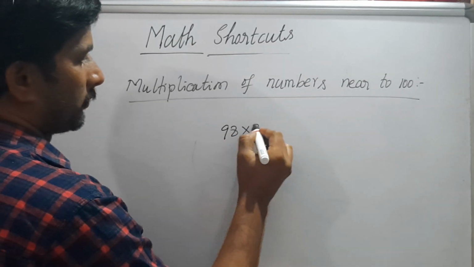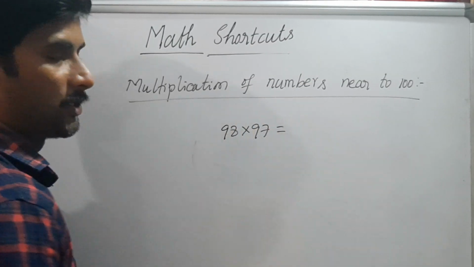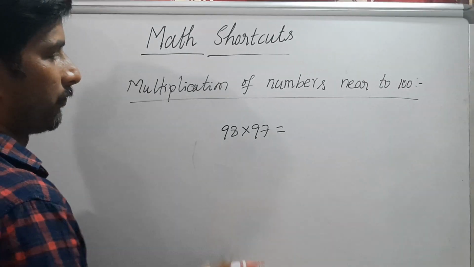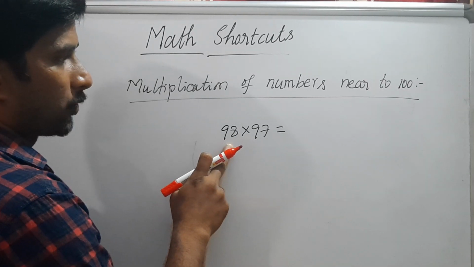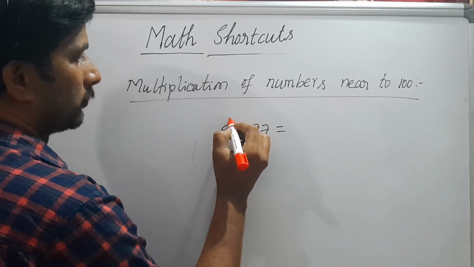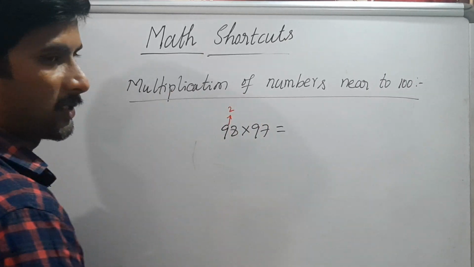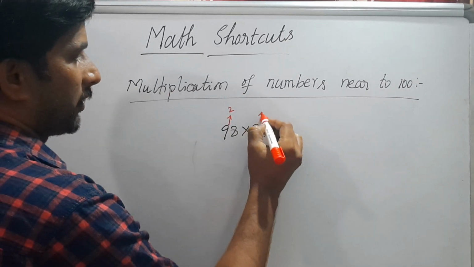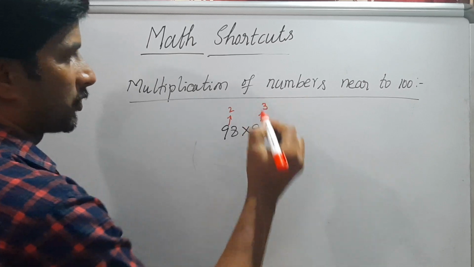If you take 98 into 97. So how much less is this 98 to the 100? 2. It's 2 less. So this 97 is 3 less to the 100.